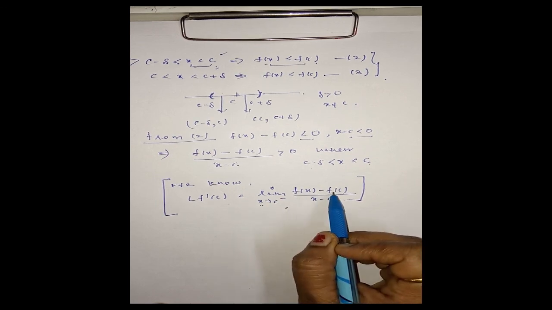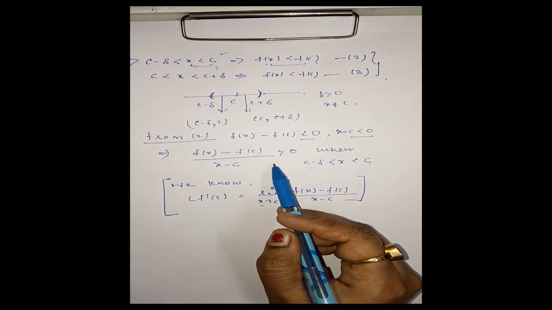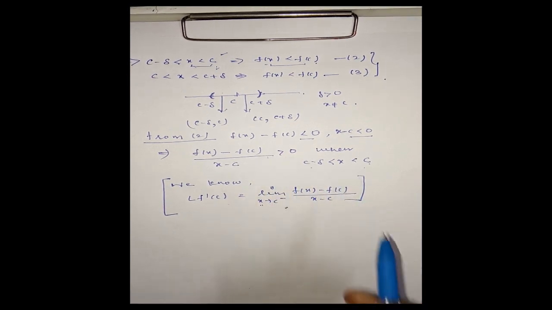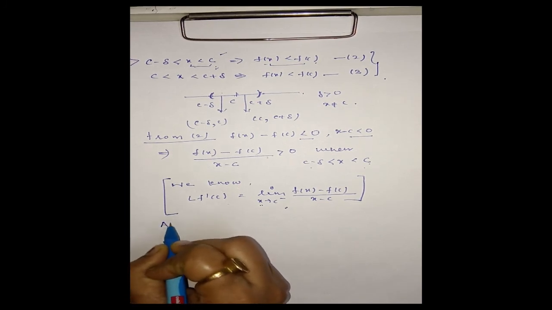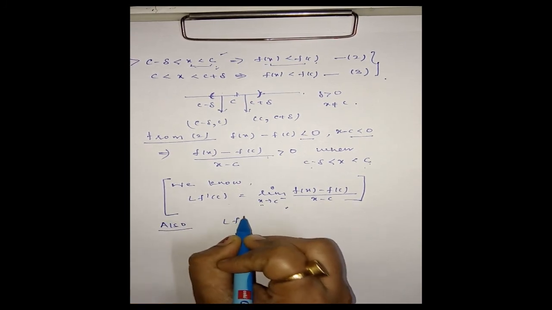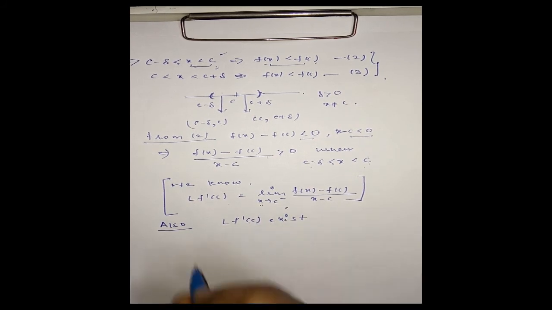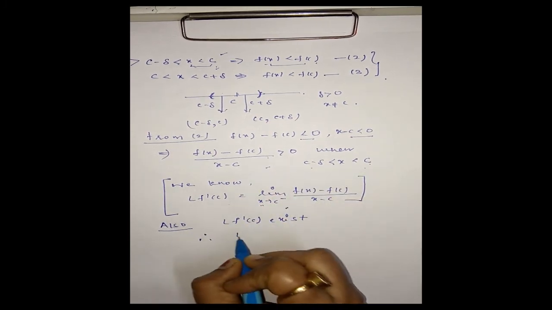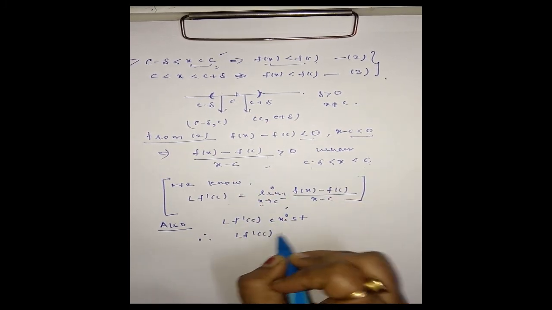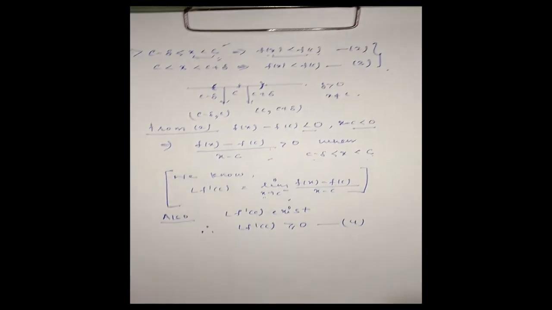This is nothing but the left hand derivative, and it exists since the derivative exists. Therefore, from this we get left hand derivative is greater than or equal to 0. Mark this as equation number 4.